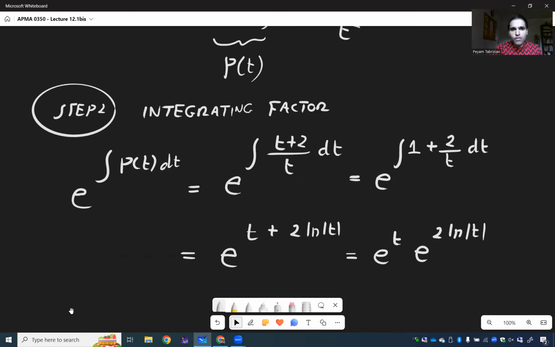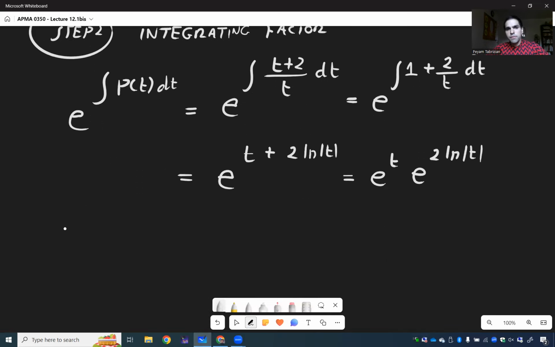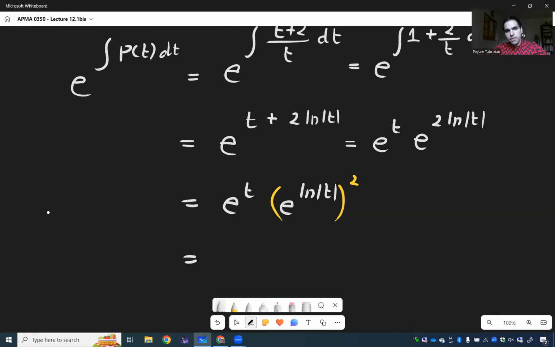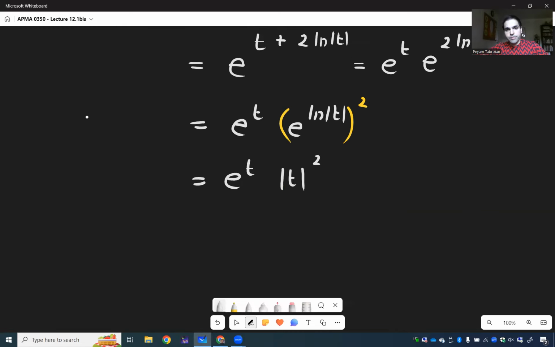And again, careful of your laws of exponents, because this becomes e to the t times e to the ln of t squared. And this then becomes e to the t, and then e to the ln is itself, so t squared. So in the end, t squared e to the t.